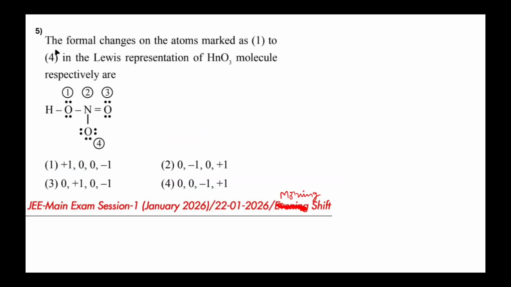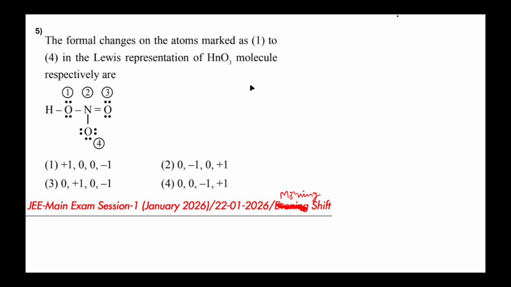The next question is: the formal charges on the atoms marked as 1, 2, 3 and 4 in the Lewis representation of the HNO3 molecule respectively are? So here we want to find the formal charges of atoms 1, 2, 3 and 4 in the HNO3 molecule.